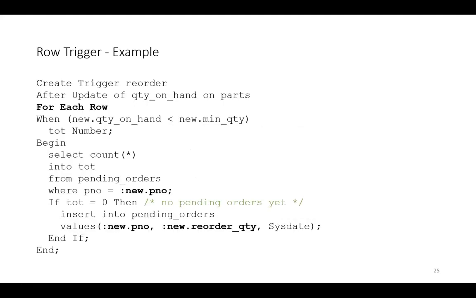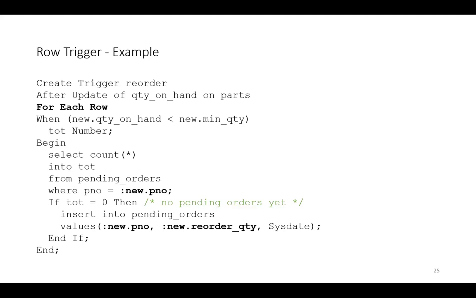Here's how we could approach this. We say that this will fire after the update of quantity on hand on the parts table. So again, specific column being updated in the parts table, and it's an after trigger, after the update has been processed. It's a for each row trigger. It's a row level trigger.